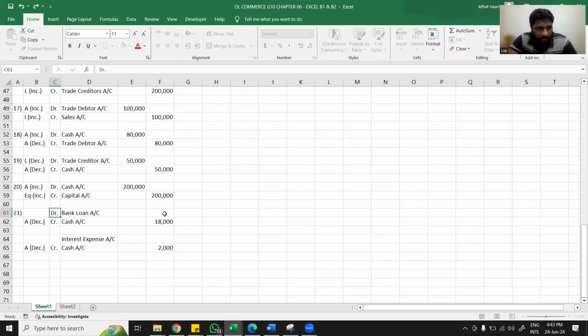Debit, debit, 18,000, 2,000. This is reduction of the liability. This is expense.